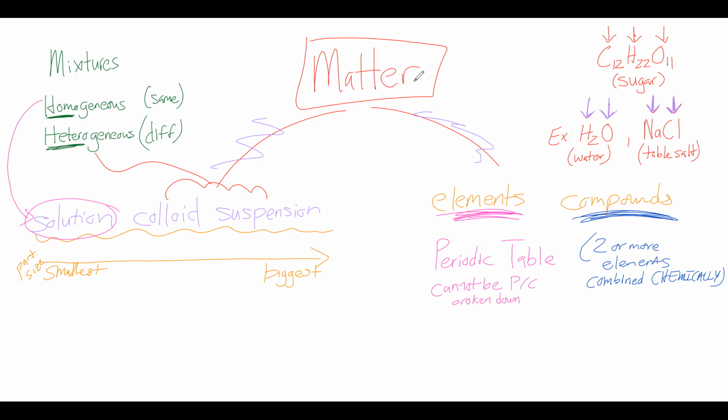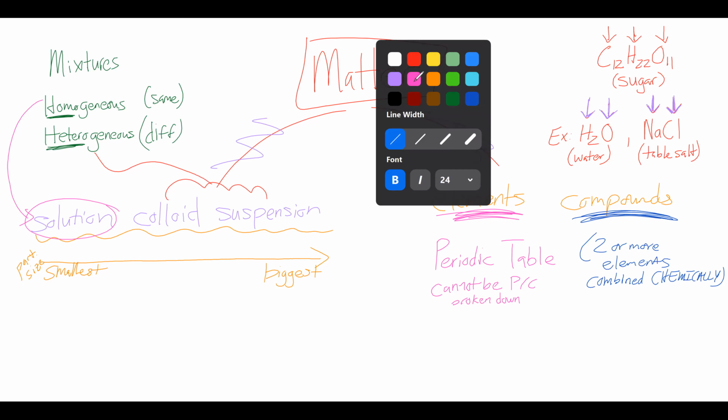So for example, let's say I wanted to make lemonade, and I'm not that great at making lemonade. So I'm gonna use like Country Time, the powder mix. I'm gonna take a pitcher of water, and I'm going to try to draw pictures just because.